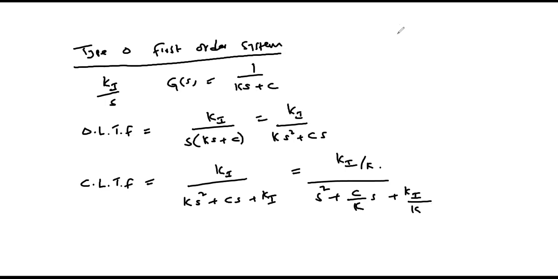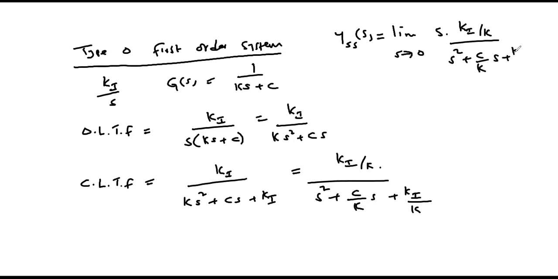We can proceed to determine the steady state output of the system. The steady state output of the system is obtained by the limit as s tends to 0 of s multiplied by the closed loop transfer function, which is Ki over K over s squared plus C over K s plus Ki over K, multiplied by the input R of s, which is 1 over s.